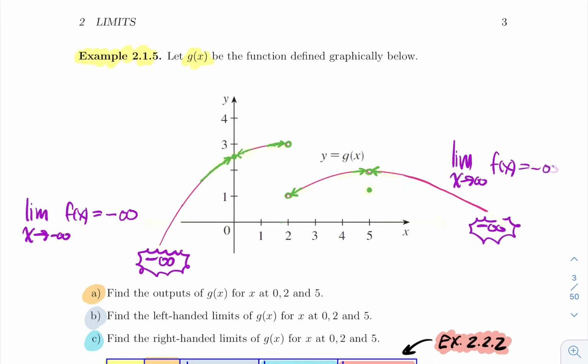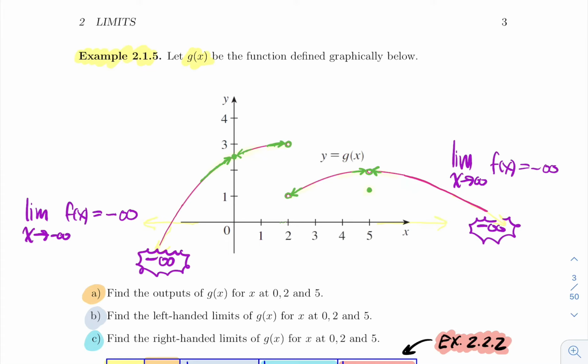So on both ends, for very, very large negative x values, my function goes down forever to minus infinity. And for very large positive x values, my function is again going down forever to minus infinity.